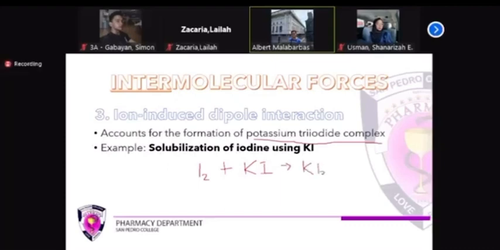This triiodide complex, KI3, is soluble in water, unlike iodine itself. The interaction between the two is what we call an ion-induced dipole interaction. This is the ion, and this is the induced dipole, I2, the non-polar.